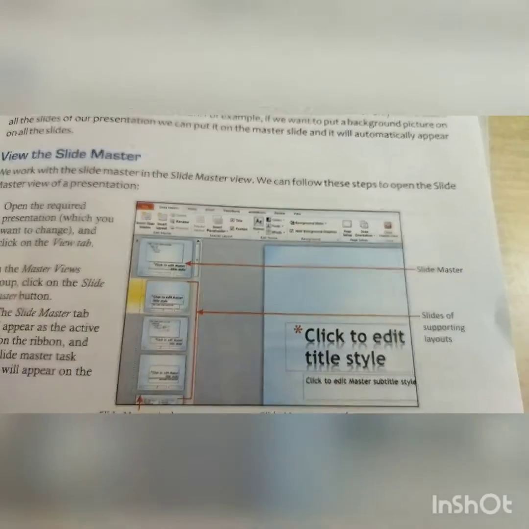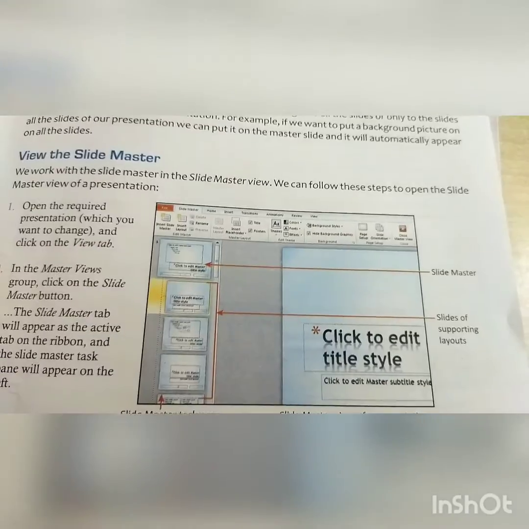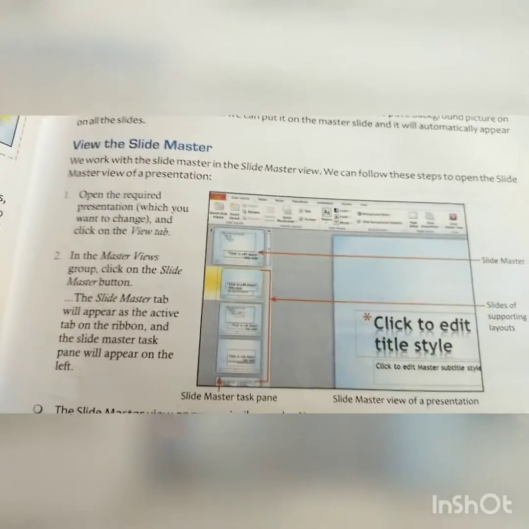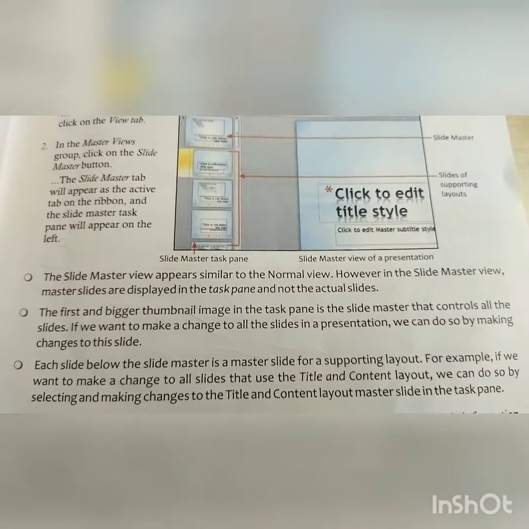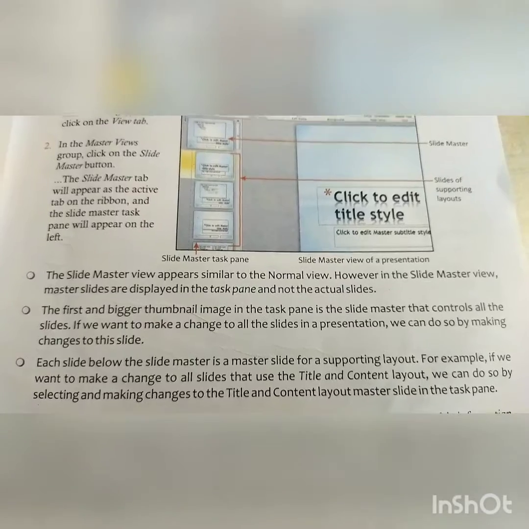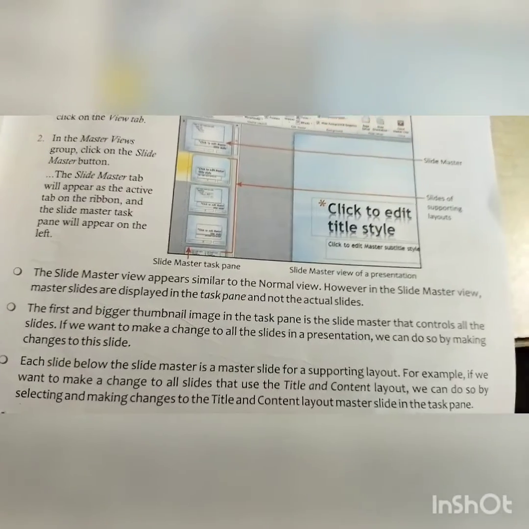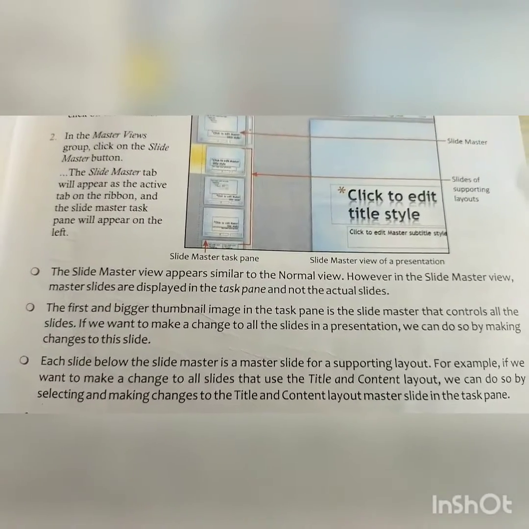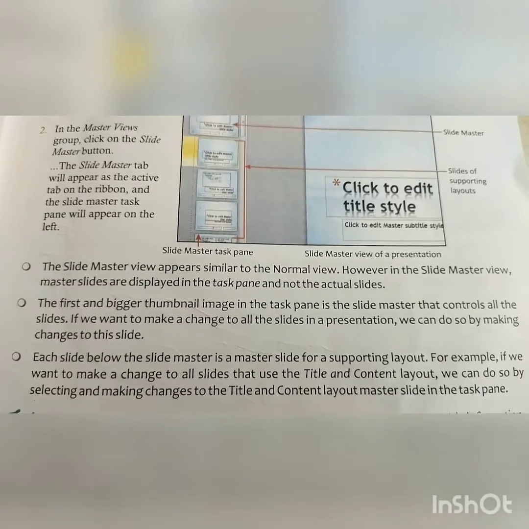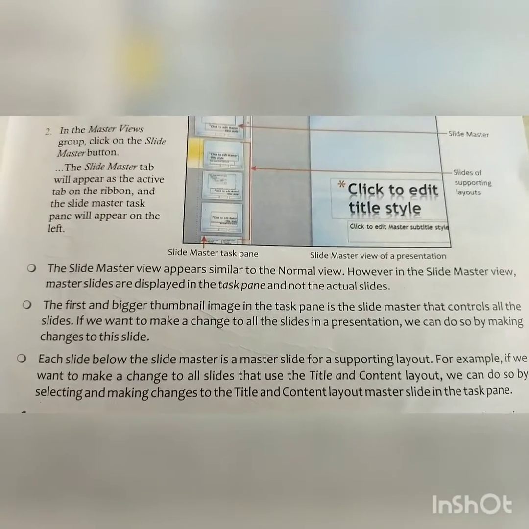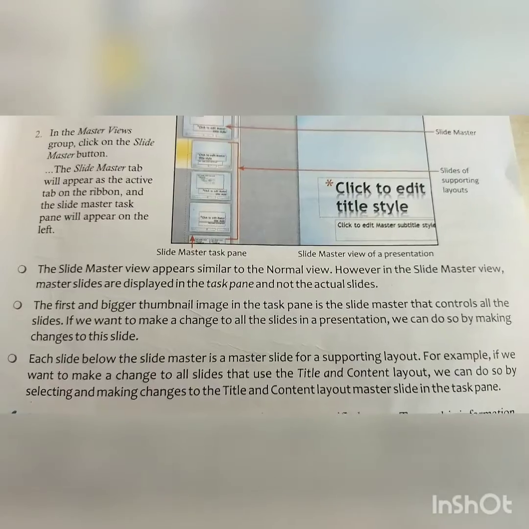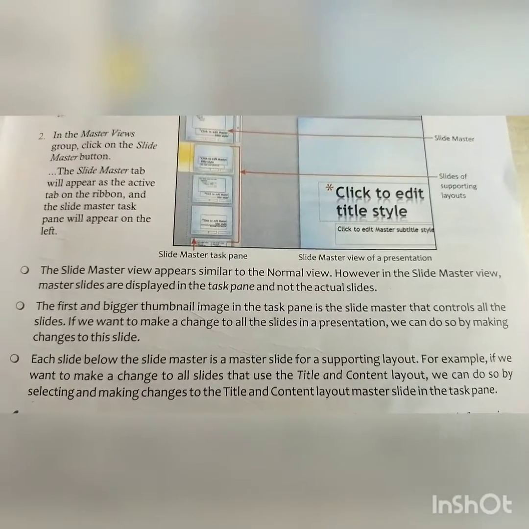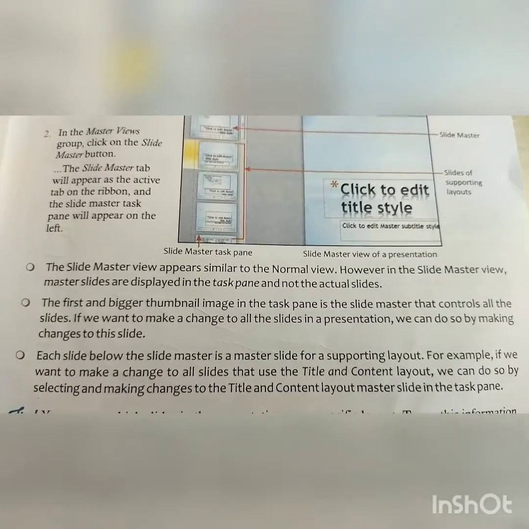Then this is the slide master, and next are the slides of supporting layouts. All this slide master view appears similar to the normal view. However, in the slide master view, master slides are displayed in the task pane and not the actual slides. The first and bigger thumbnail image in the task pane is the slide master that controls all the slides.